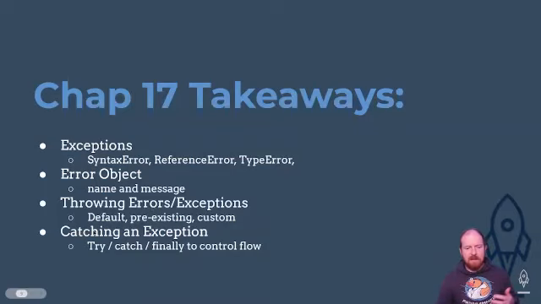And then the structure is we make this try block and we put all of our code that we want to try. If we are expecting an exception to be thrown, we put it in a try block, and then we write a catch block that actually catches it. And then the finally is so that even if it throws an error or doesn't throw an error, you'll still be able to run that section of code.